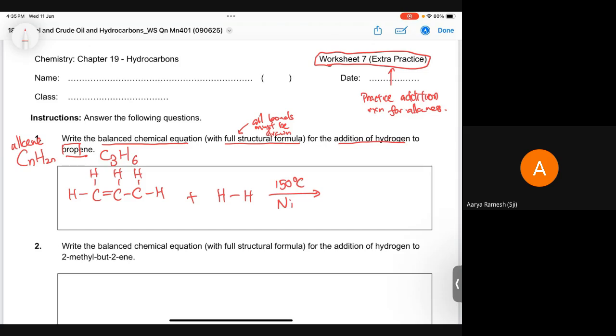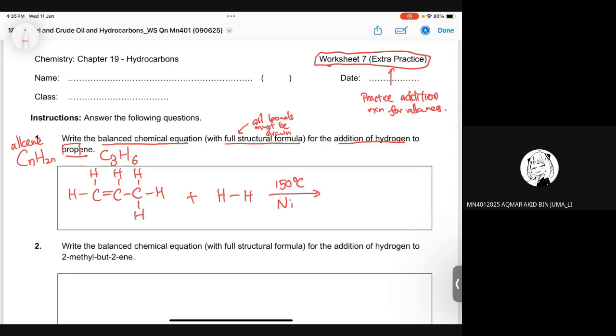Next one, Akid. What will be the product? How many products will I get? One product. How will the product look? Oh, I realized I'm short 1 H here, sorry, my bad.